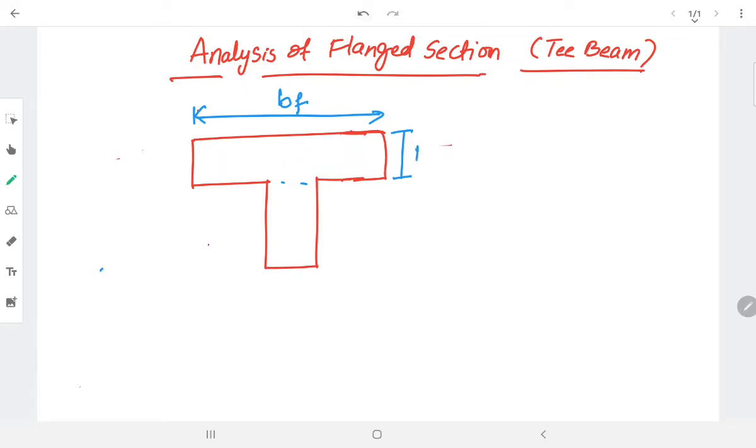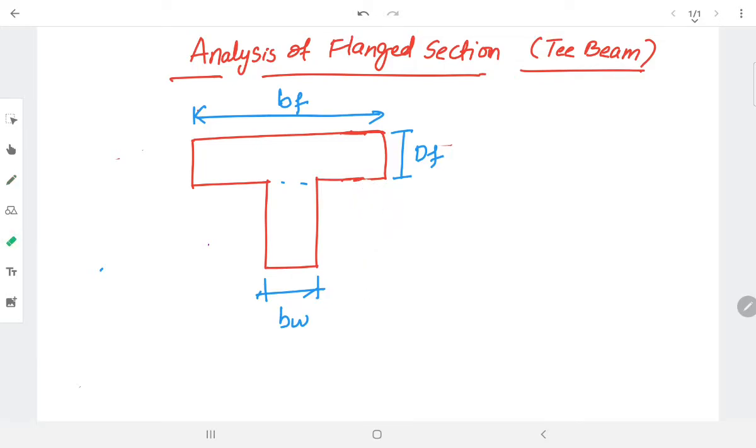Here we have the breadth of flange and the depth of flange, and this portion is the web section. This is BW, and this is the depth of the web section.